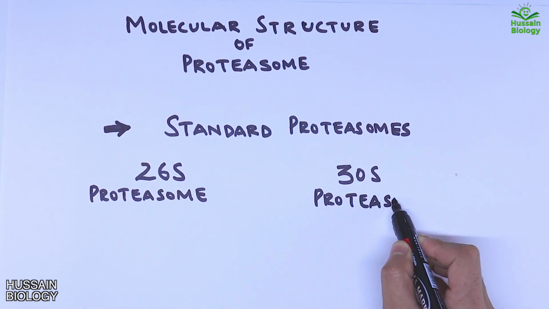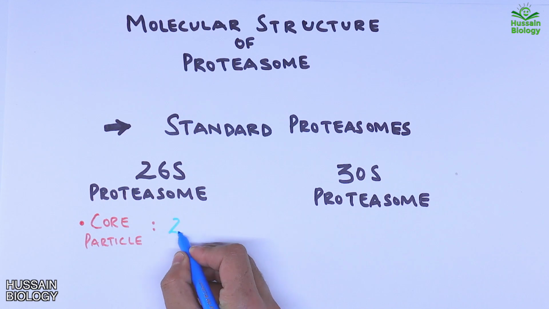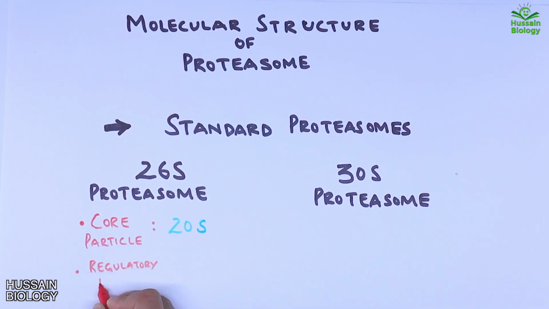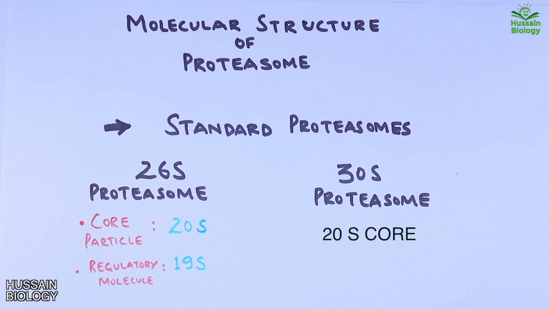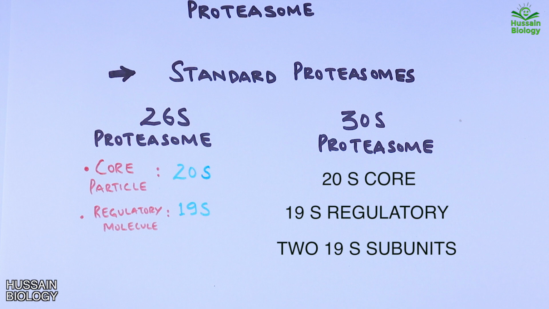the 30S proteasome. The core particle in 26S proteasome is the 20S proteasome, and the regulatory molecule is the 19S, a single 19S subunit. Whereas the 30S proteasome has the same 20S core and the same 19S regulatory molecule. But here in this 30S proteasome form, we have two 19S subunits from both the sides of 20S core.